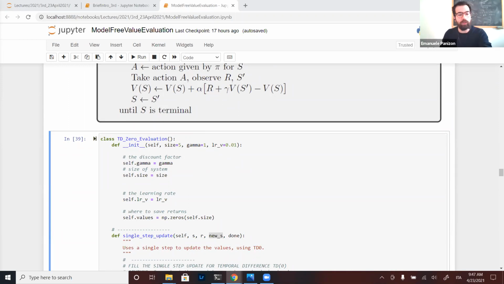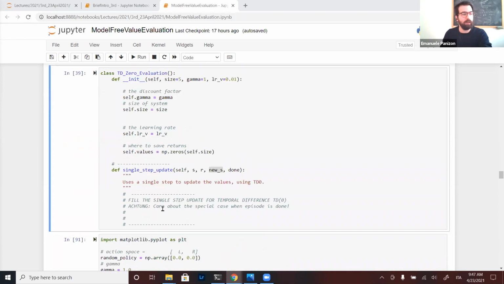The only thing which needs to be dealt with a bit of care is the fact that if the episode is done, then I do not have the new value, because the value of all the terminal states is 0.